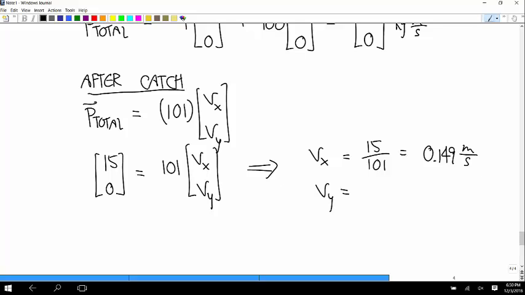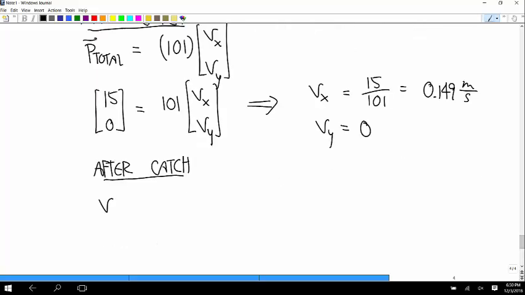The y equation says Vy is 0. And so after the catch, the combined velocity was 0.149.